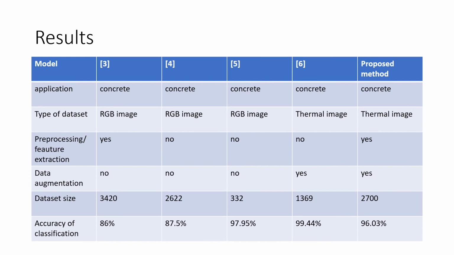To compare with the previous paper that we showed a while ago, our proposed method has the same application, concrete, and the type of dataset that we use is thermal image. We use a pre-processing technique, and we also use data augmentation, and the number of images in our dataset is 2,700, and the accuracy of classification we have is 96.03%.